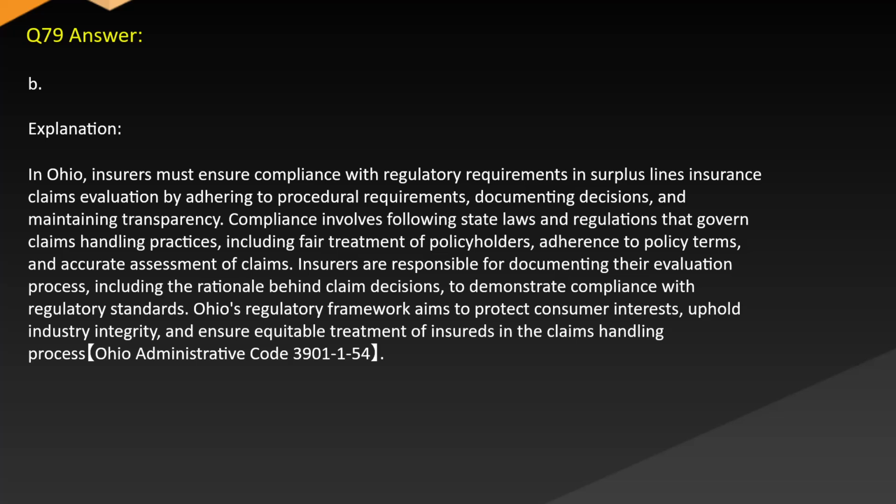Insurers are responsible for documenting their evaluation process, including the rationale behind claim decisions, to demonstrate compliance with regulatory standards. Ohio's regulatory framework aims to protect consumer interests, uphold industry integrity, and ensure equitable treatment of insureds in the claims handling process.